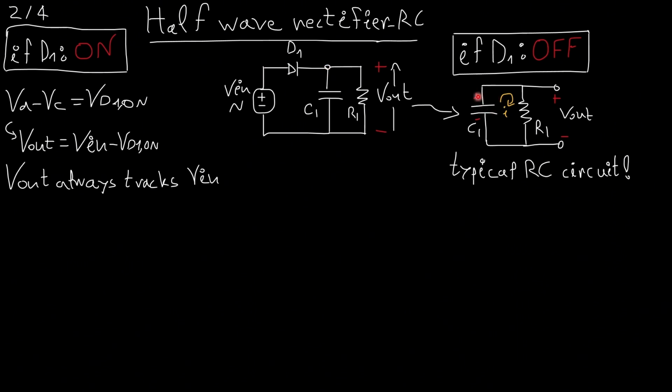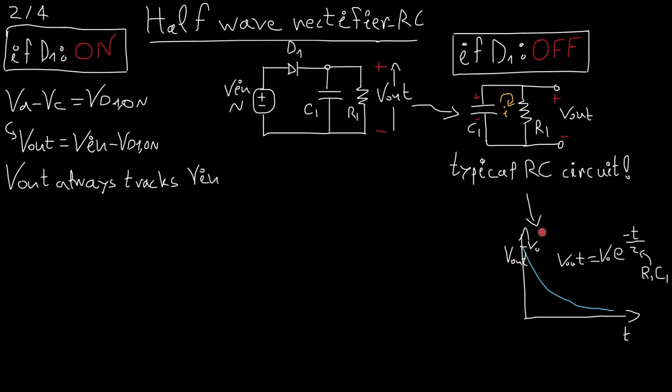Now, I have a capacitor and a resistor, and the capacitor dissipates its energy on the resistor. And if I were to draw the output voltage here, from basic circuit theory, the output is going to look like this.